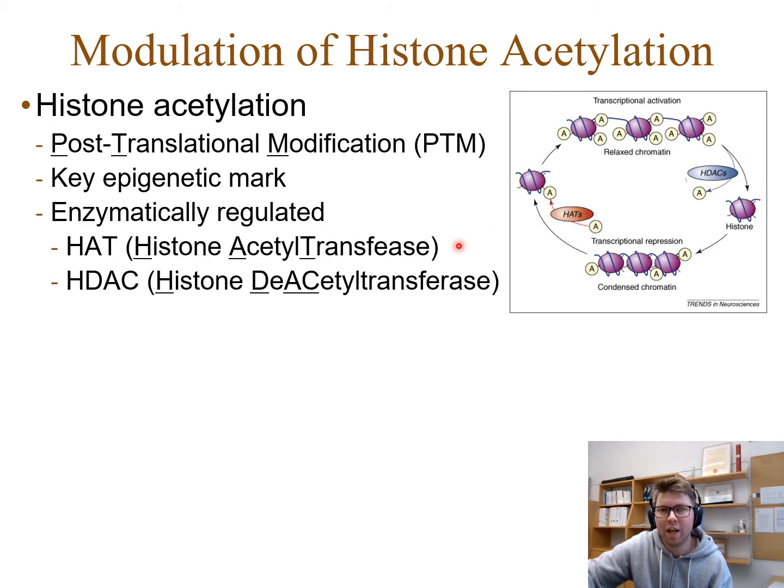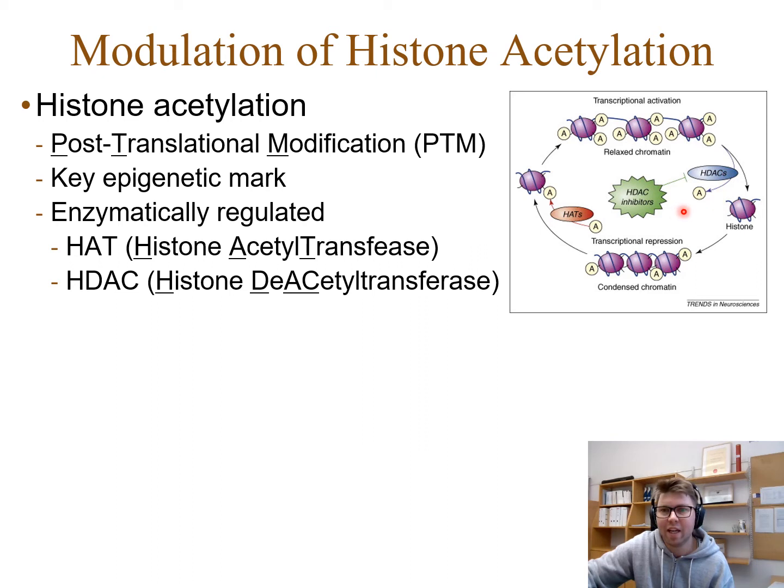And they are enzymatically regulated, so they are introduced by histone acetyltransferases or HAT enzymes, and they can be removed by histone deacetylases or HDAC enzymes. So this is a dynamic modification system that enables cells to turn on and off different genes.